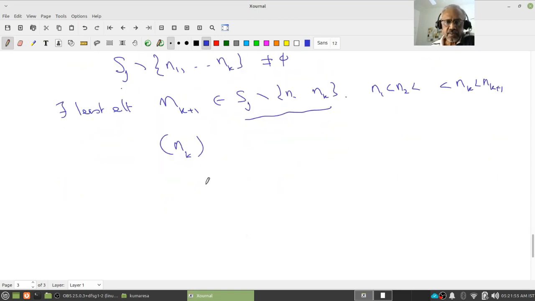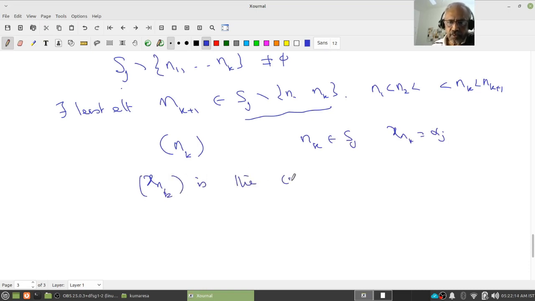Okay, right. Now let's look at the sequence x_nk. What is that? See, for each k, nk belongs to Sj, therefore x_nk is alpha j, right? Therefore x_nk is the constant sequence alpha j, right? This is not j varying. You understand that?